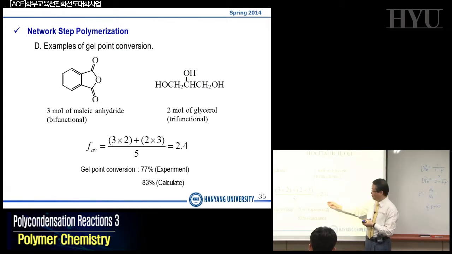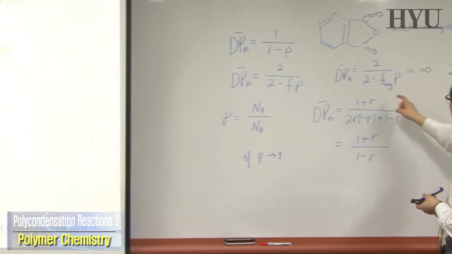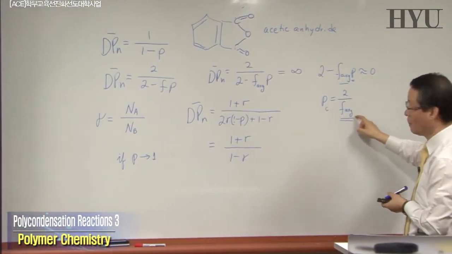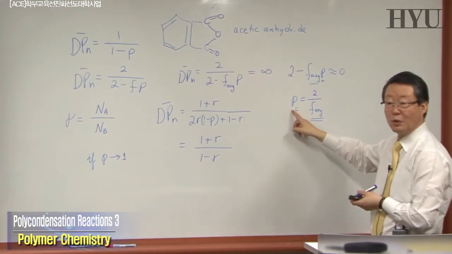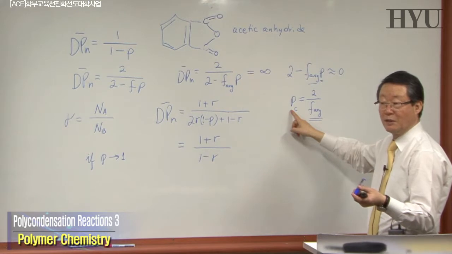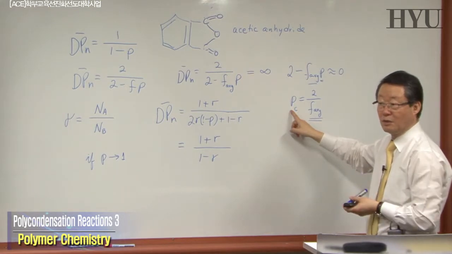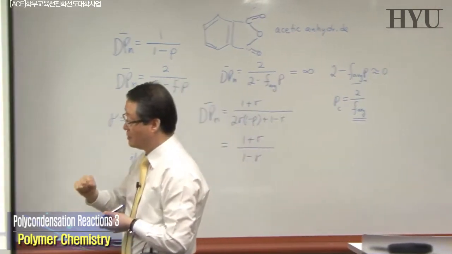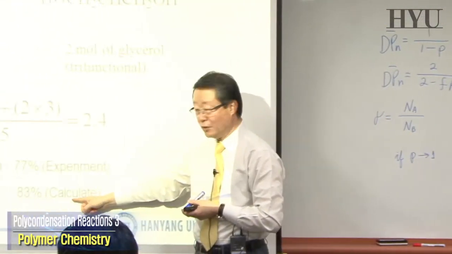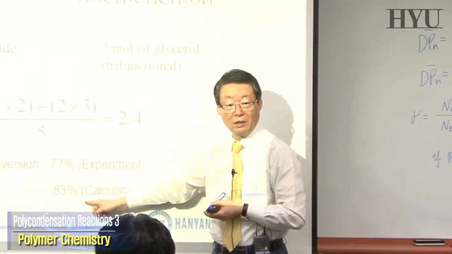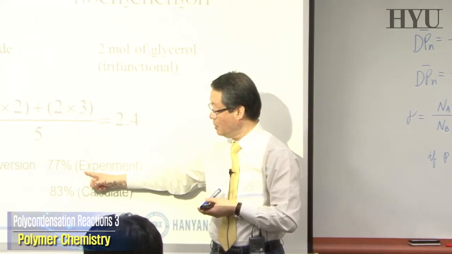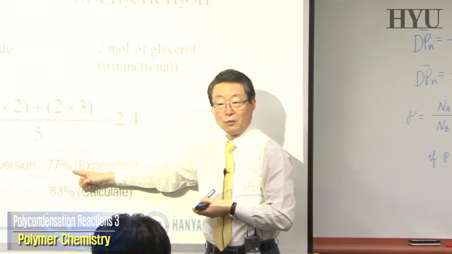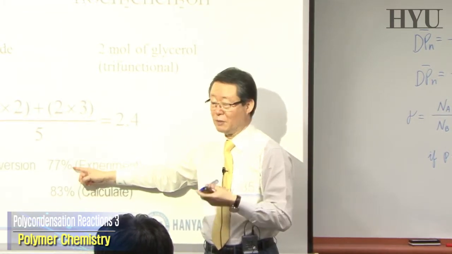Okay? If you put the F average of 2.4 in here, then you can calculate the conversion at which it becomes the gel point. Okay, so in that case, the calculated value will be about 0.83, or 2 divided by 2.4, but experimentally you can observe the gel point to be around 77%.